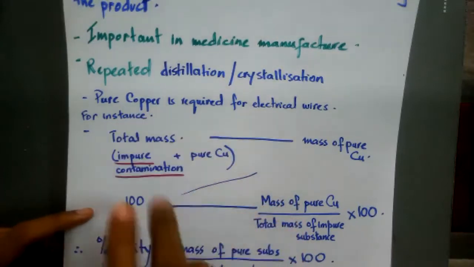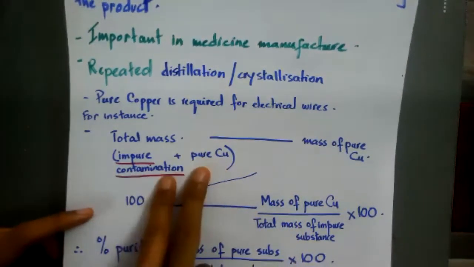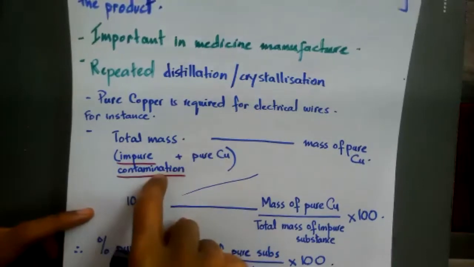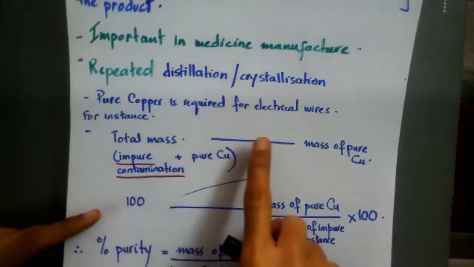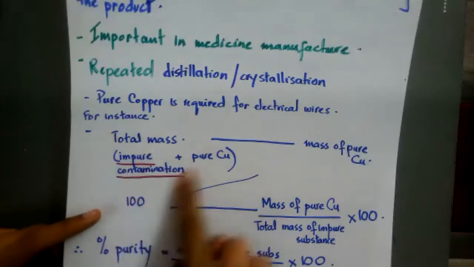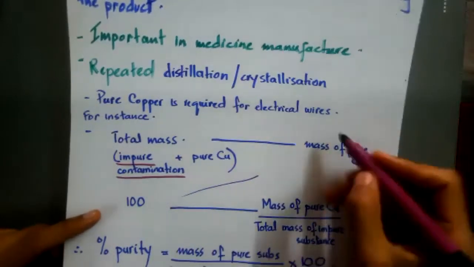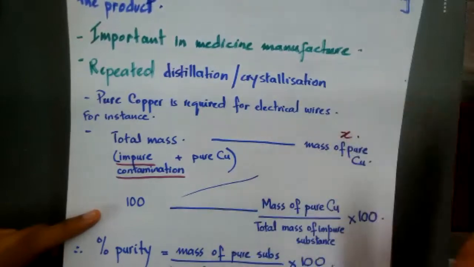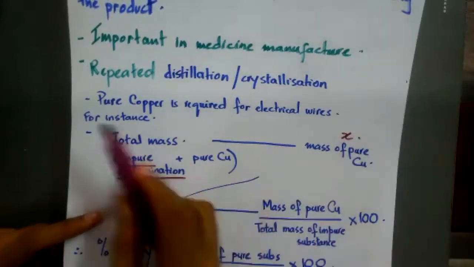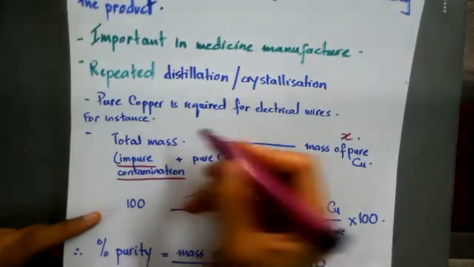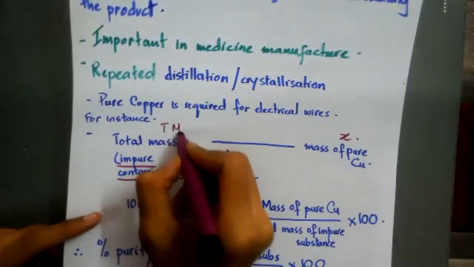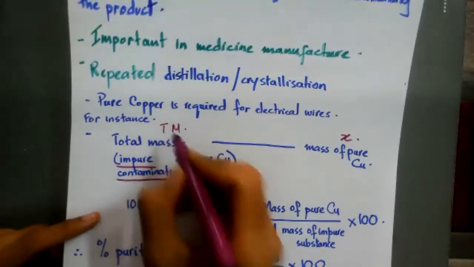So total mass is the combined mass of the pure substance as well as the contaminated substances. I can call it Tm, total mass, T for total, M for mass.